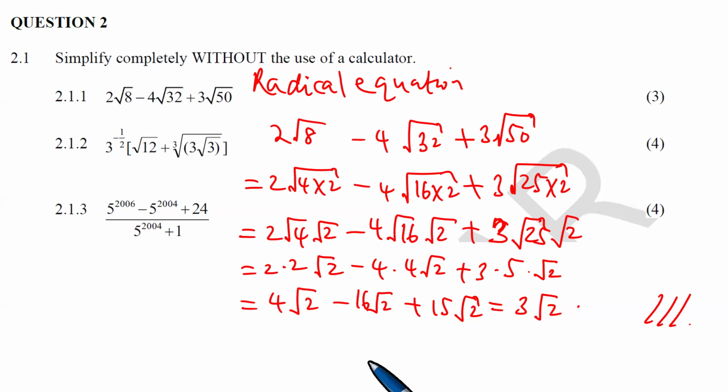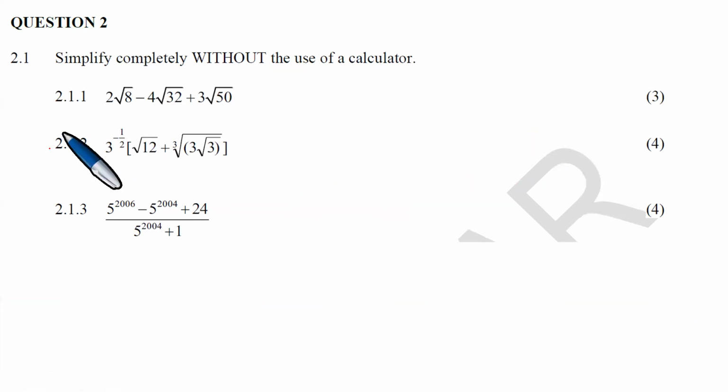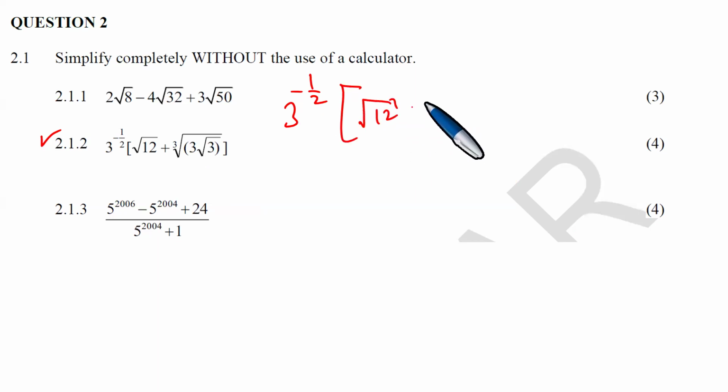The next question involves indices and exponents with negative indices, etc. Let's proceed to check that on that part of the question paper written in June 2022. If you look at 2.1.2, you have 3 to the power minus 1/2. That is the question, the square root of 12.